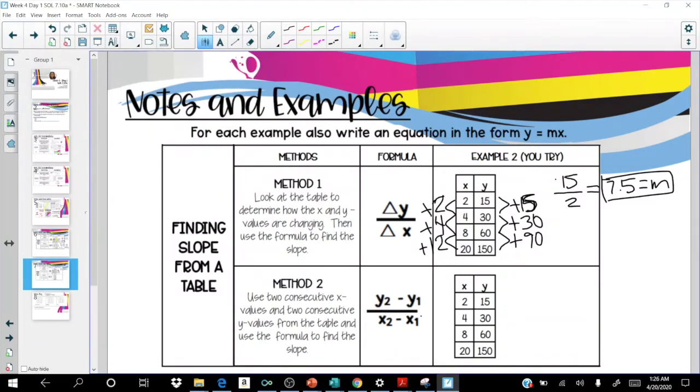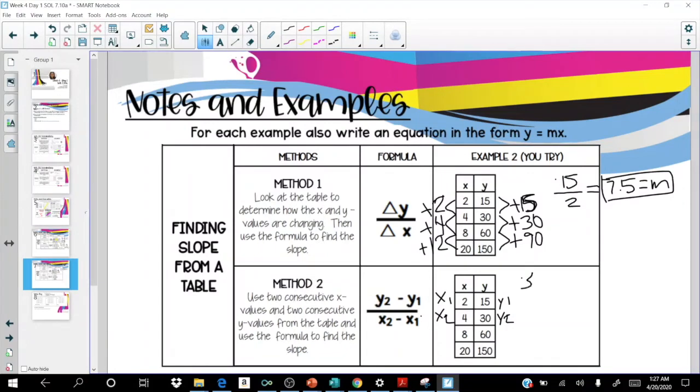All right. Method number 2, use two consecutive x values or two consecutive y values, and then fill in the formula. So once again, we will label. This will be y1, y2, x1, x2. Okay. Then we're going to fill in the formula.